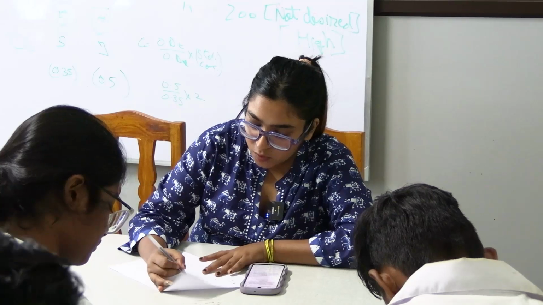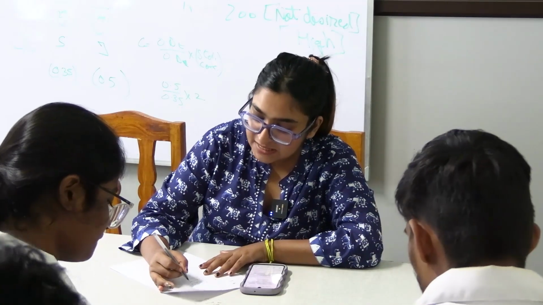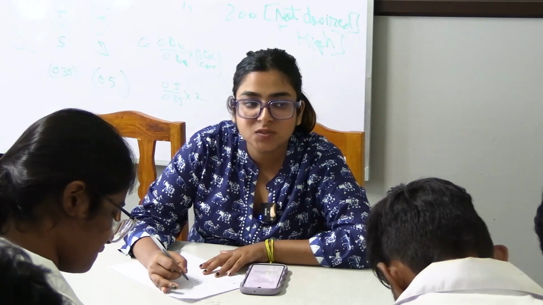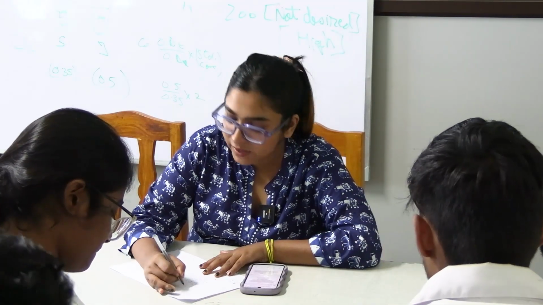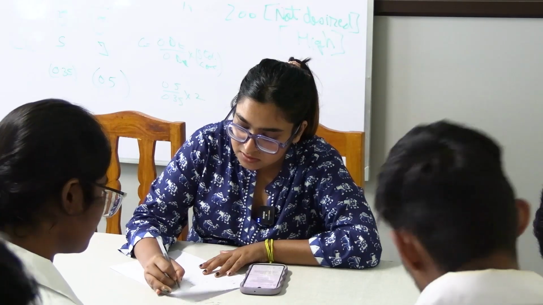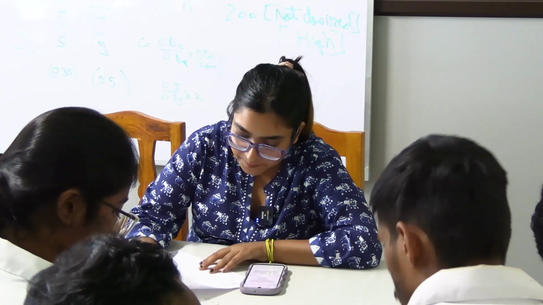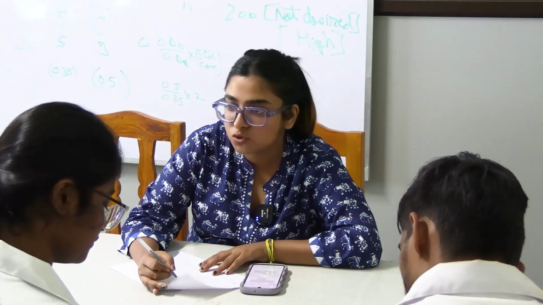Now first look at the pH. pH is 7.20. It is low. Low pH, directly you can safely say it is acidosis. Now we have to determine whether it is a metabolic one or a respiratory one. Look at the PaCO2.